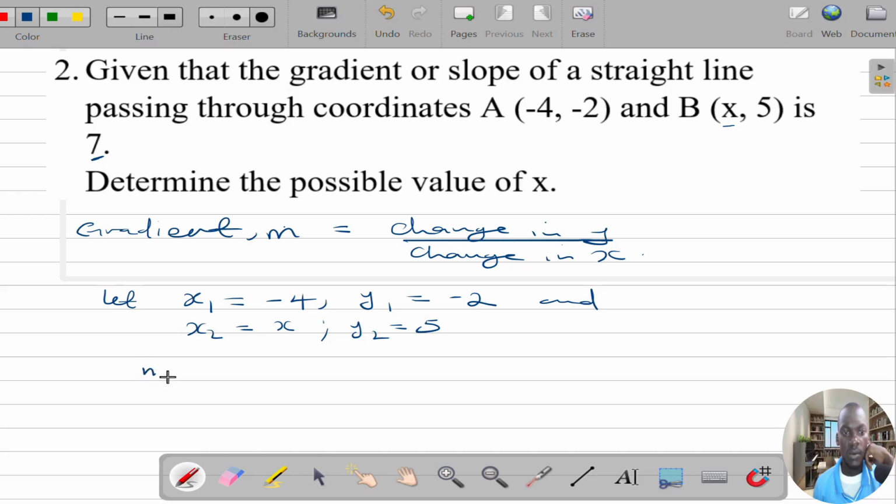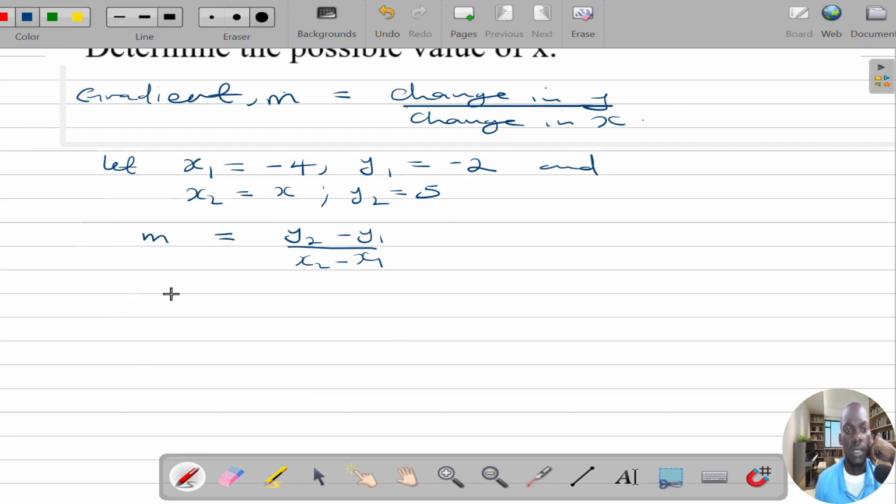Then let's substitute in. We have m is equal to y2 minus y1 divided by x2 minus x1. So let's now substitute in. We have m equaling y2, which is 5, minus y1, which is -2, divided by x2, which is x, minus x1, which is -4.